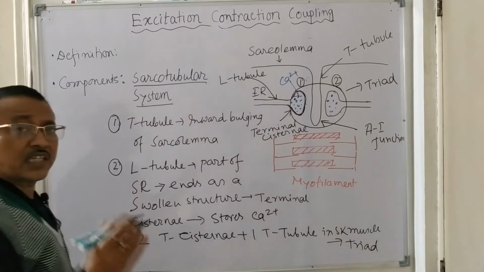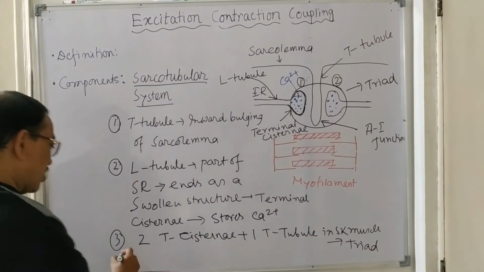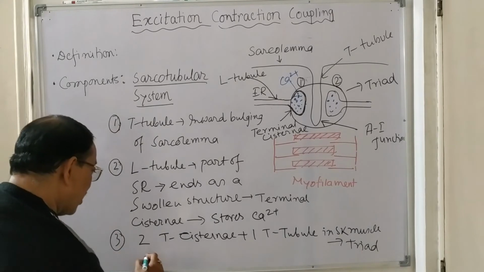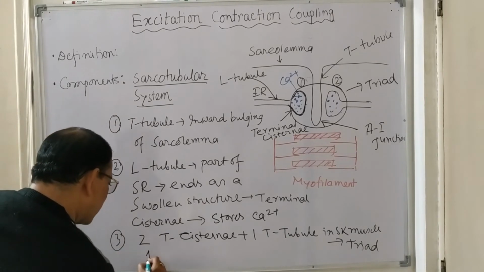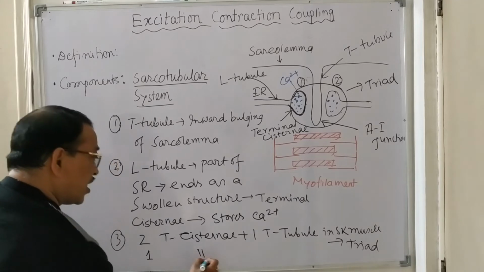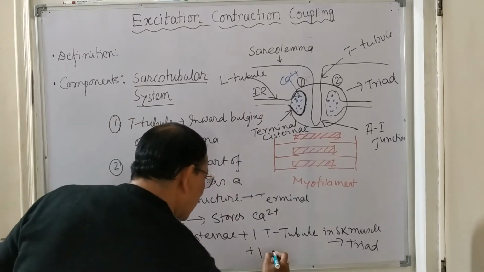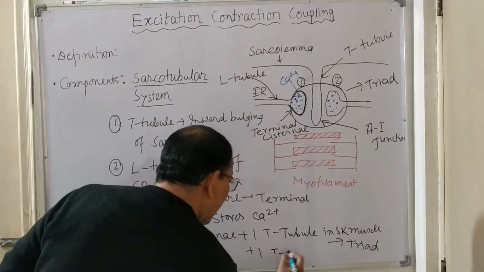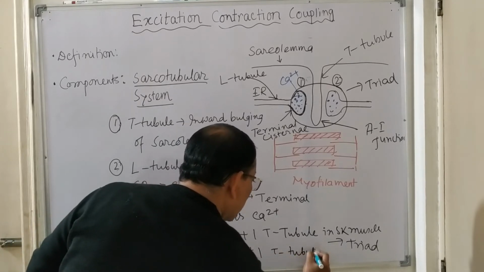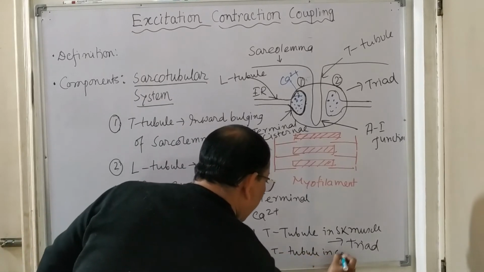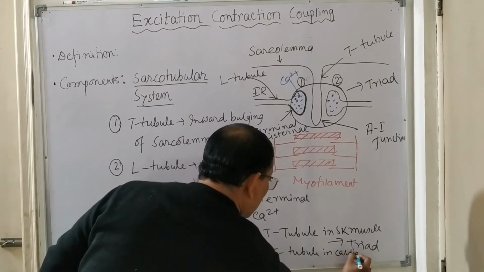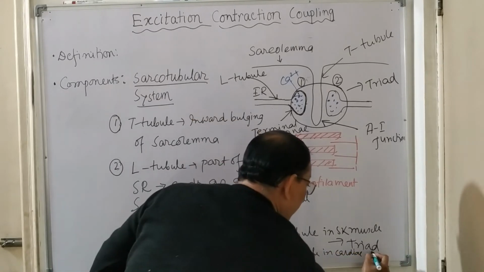Whereas in cardiac muscle, what happens? One terminal cisternae plus one T-tubule in cardiac muscle is known as a dyad.